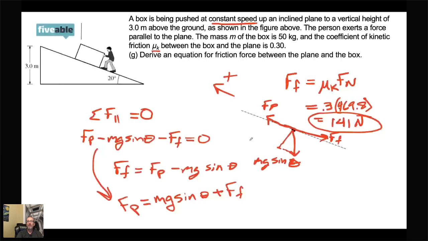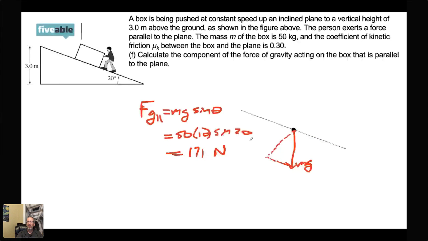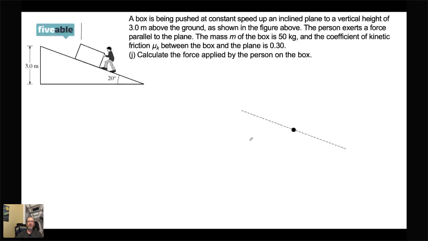We know mg sine is 171. So we're going to calculate it now. We're going to take 141, which is the force of friction, plus 171, which was mg sine of the angle. And we're going to add those together, and those should be equal to the force of the push.